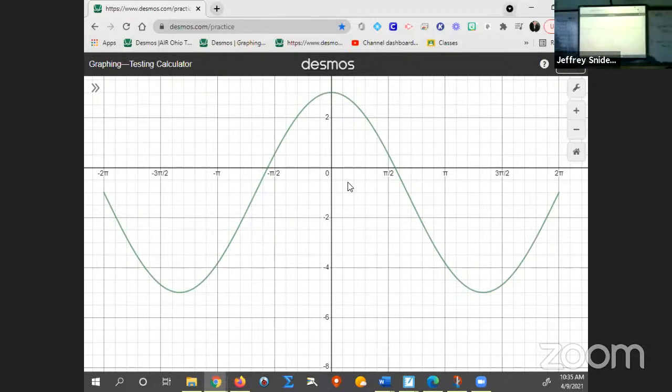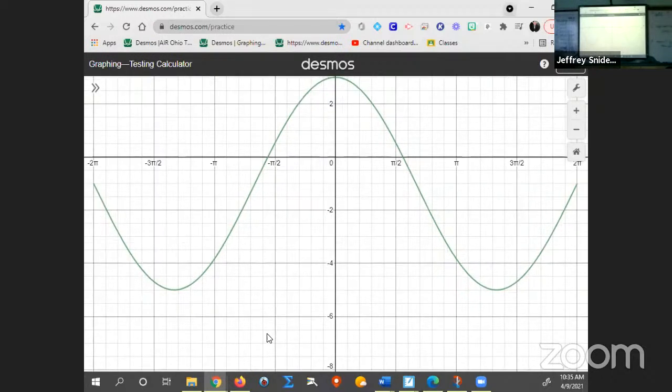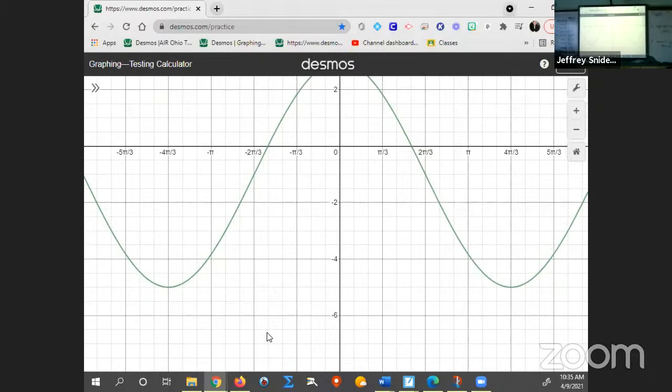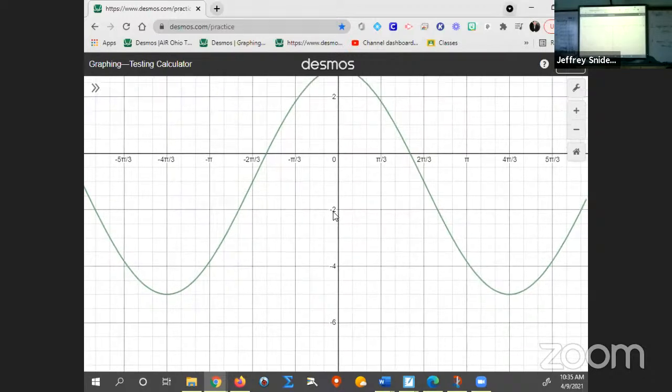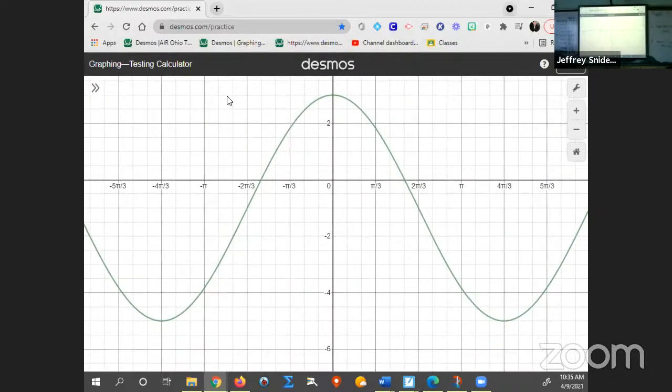See if I zoom in, if any more x values will show up for you. There, that's better. Be a little nicer to you.